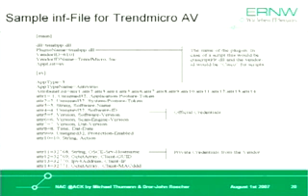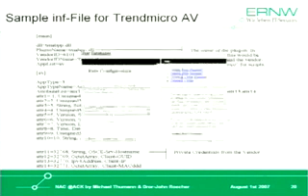Attribute number 1 is an unsigned 32, and attribute number 2, again, unsigned 32. Application posture token, system posture token, they are always there. And then from attribute 3 onwards, there are the actual credentials for Trend Micro, like software version, scan engine version, etc. So it's all there to read. If you install Trend Micro, it will automatically install the posture plugin, and you can just read the information. It's there.